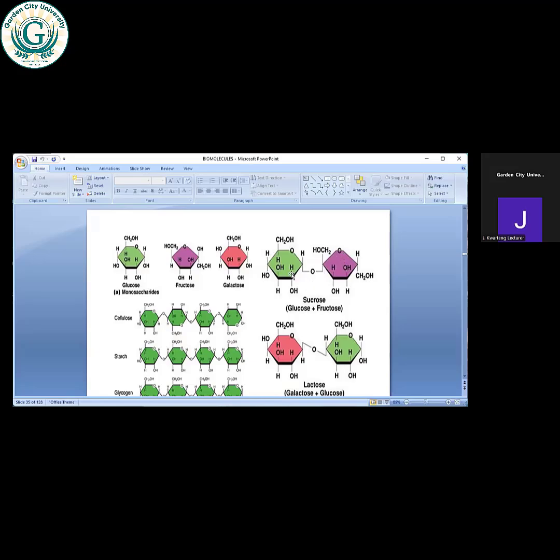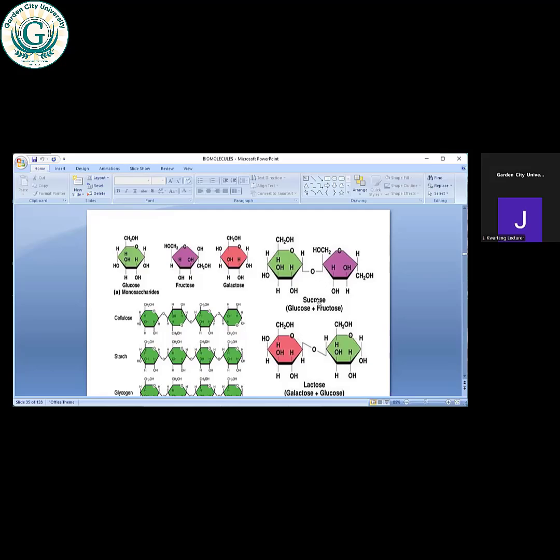When they become a disaccharide, they form what we call sucrose. This is what is contained in table sugar. The table sugar we use for our beverages, for our cocoa, and for other confectionaries and pastries is sucrose.